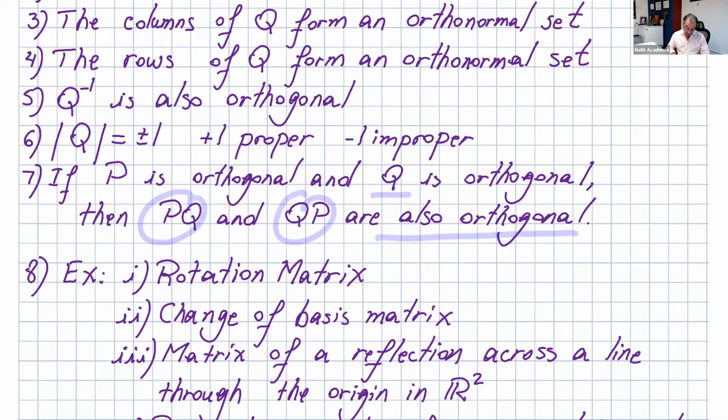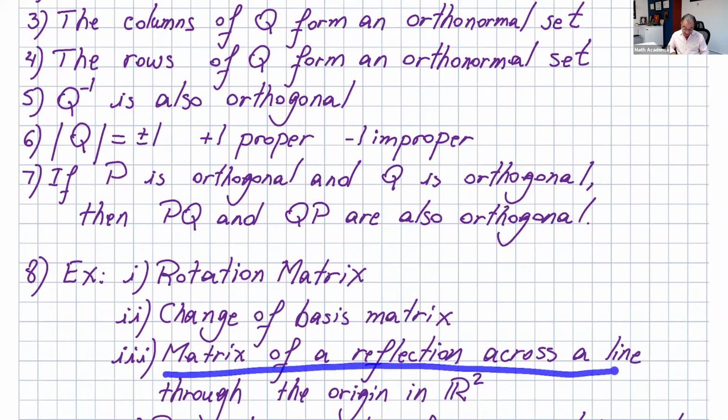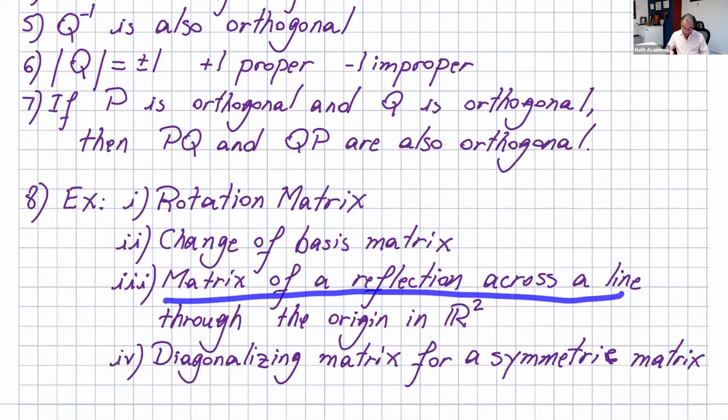Examples of orthogonal matrices are the rotation matrix, the change of basis matrix, the matrix of a reflection across a line through the origin in R2, and the matrix P when diagonalizing a symmetric matrix.